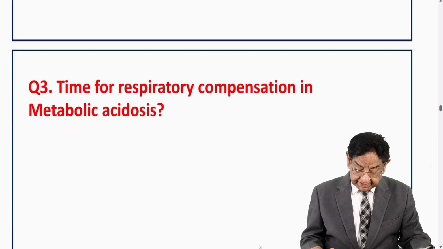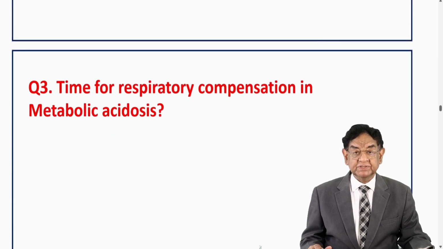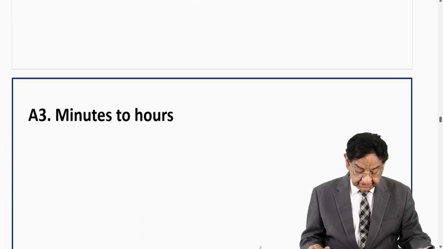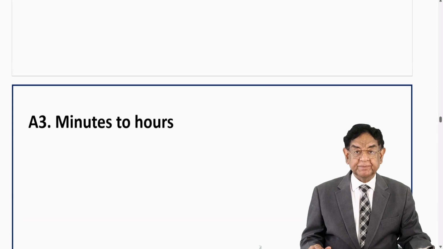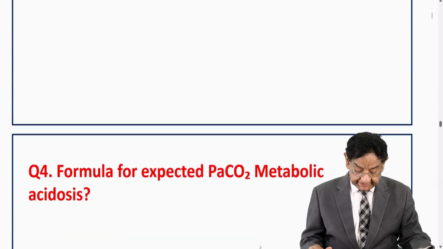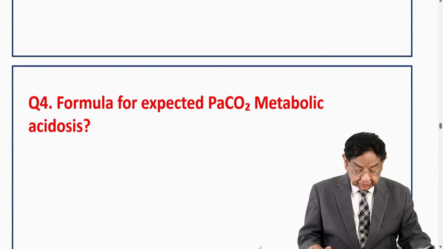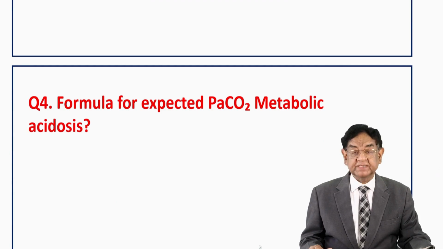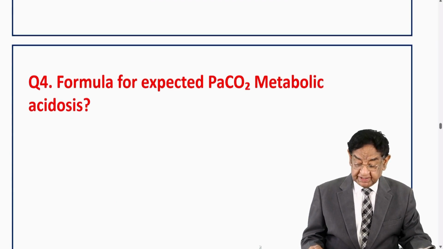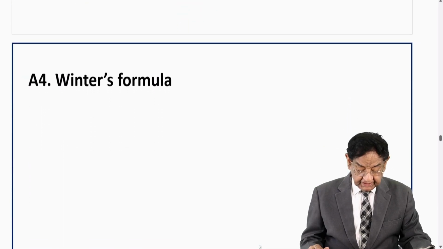Time for respiratory compensation in metabolic acidosis: it is minutes to hours. Very fast, it's quick. Next question. Formula for expected PaCO₂ in metabolic acidosis. In fact, he's asking Winter's formula. Yes, the answer is Winter's formula.